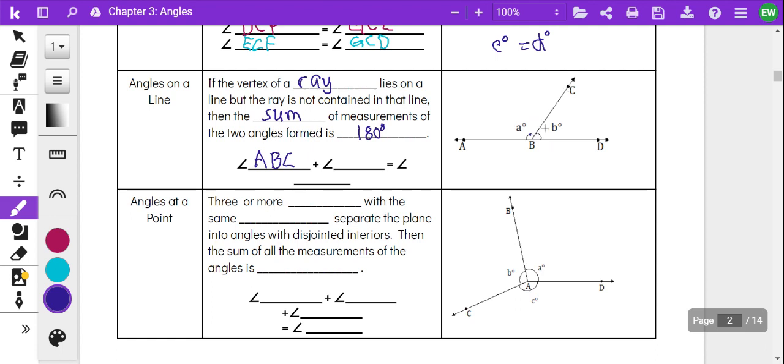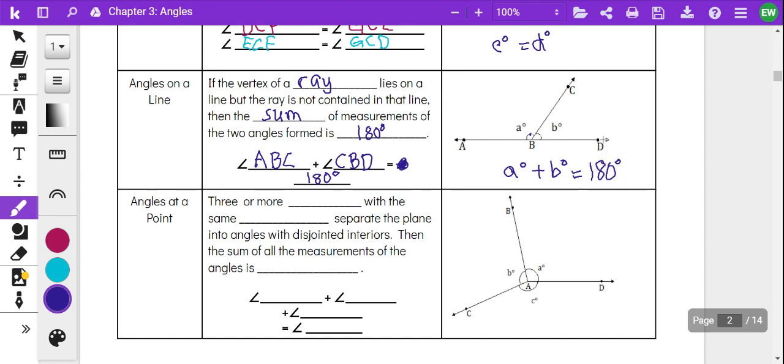And angle B is CBD. At this point, you have to erase this little angle thing, cross it out, because that's equal to 180 degrees. Okay, so angle A plus the measure of angle B is equal to 180 degrees.